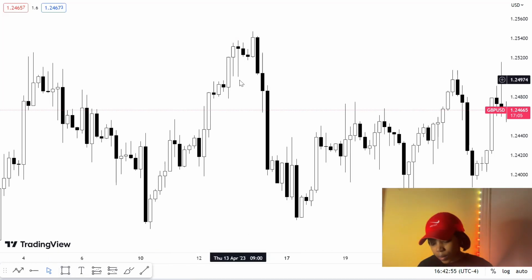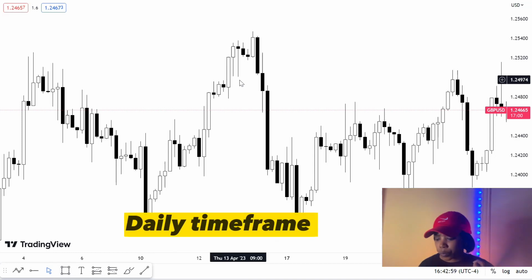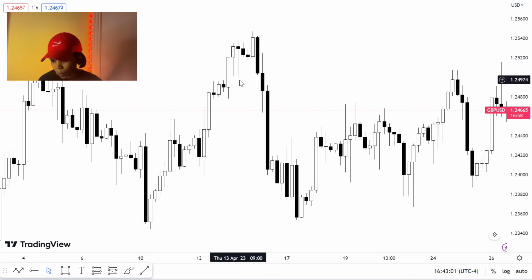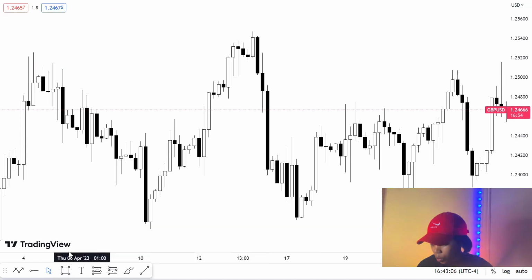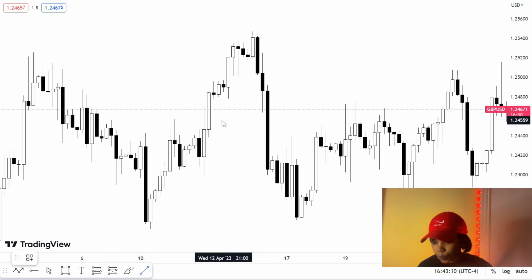Right now we are at GBP USD on a daily time frame. This is live price, right? On a Wednesday. So you'll take your trend line tool, okay?